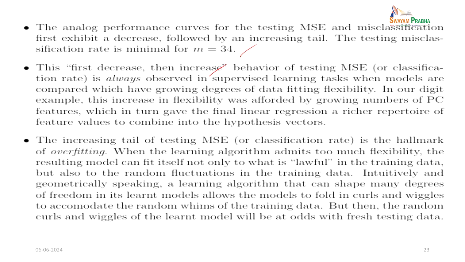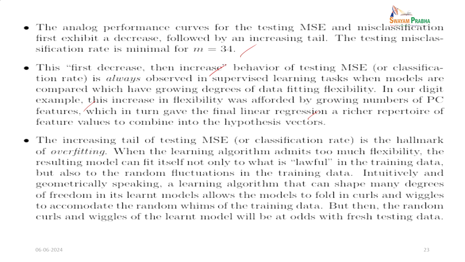In our digit example, this increase in flexibility was afforded by growing numbers of PC features, which in turn gave the final linear regression a richer repertoire of feature values to combine into the hypothesis vectors.